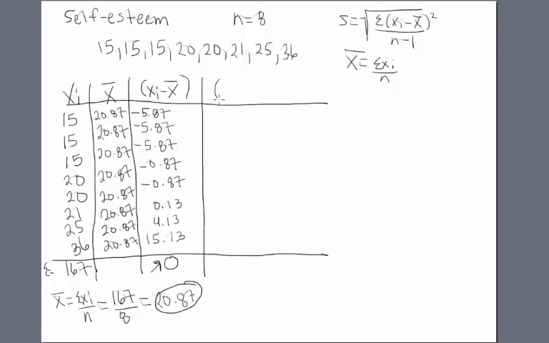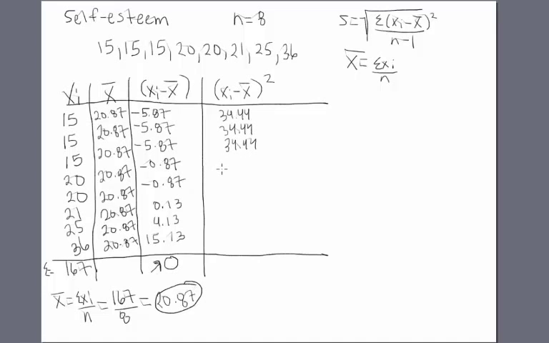Now let's make another column of the quantity x sub i minus x bar squared. So we're going to take each value here and square it. So if we take a negative 5.87 and square it, we'll get 34.44. And again, negative 5.87 times negative 5.87 is 34.44. And again, 34.44.